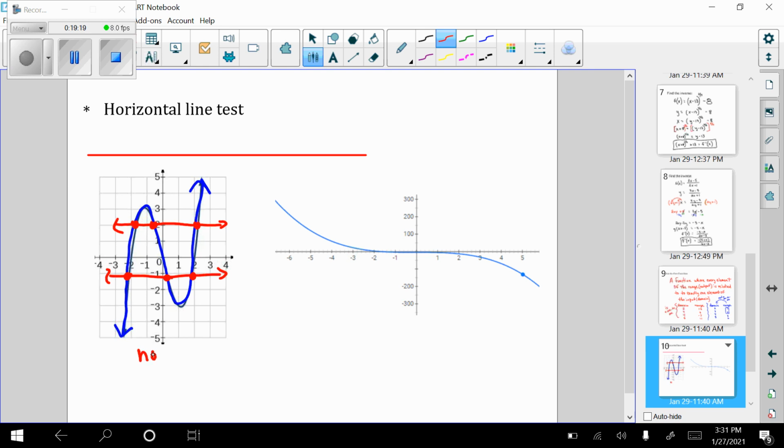This would not be a function, or the inverse would not be a function. Not a function. It fails the HLT.